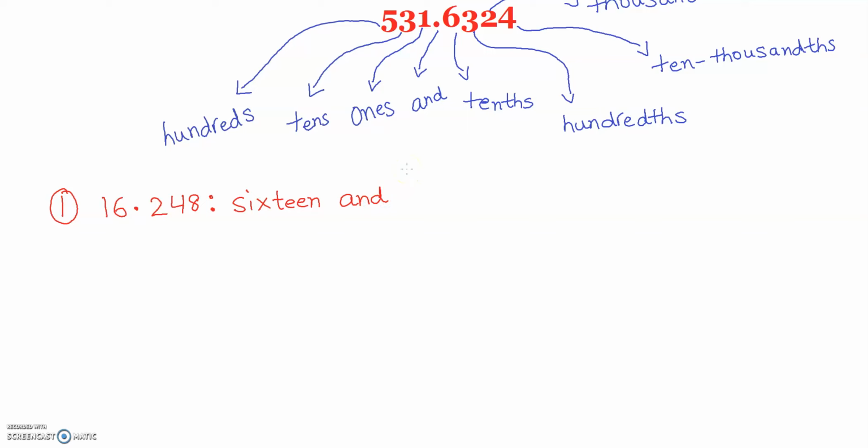After the decimal point, the digit is 2, so I will write 2. And then the last two digits are 4 and 8, so I will write 48 thousandths. I will use the hyphen, and then thousandths because it's at the thousandths place.